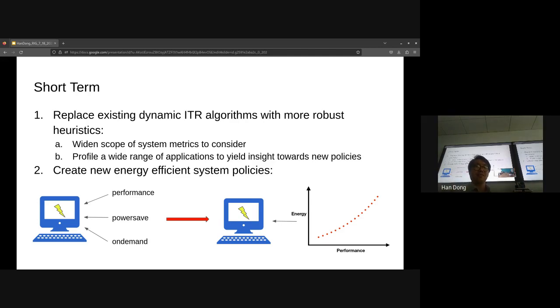Can we use other data that it collects to make better decisions over how these algorithms are used? And also, creating some energy-efficient system policies, because currently we only have something called power save, which basically says it's going to run at the lowest frequency possible. Can we create a new set of policies for Linux where you can have a much finer granularity in terms of performance and energy?